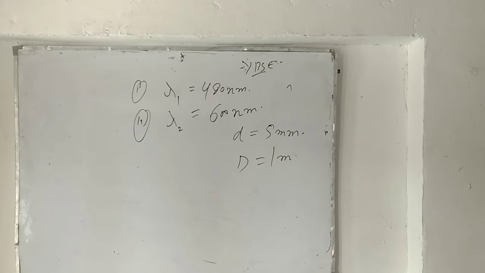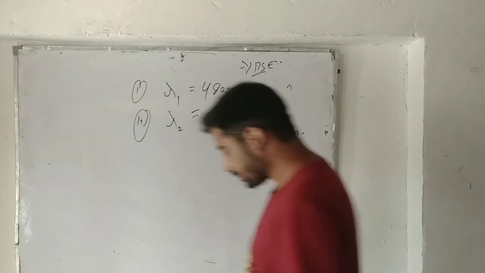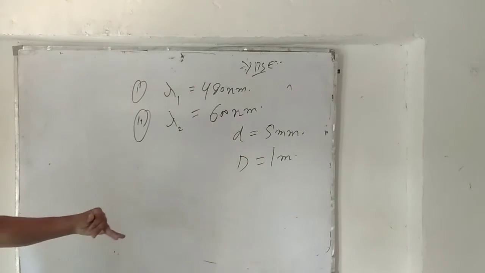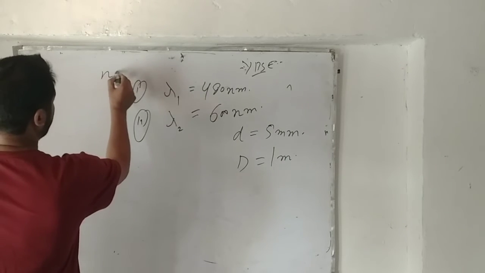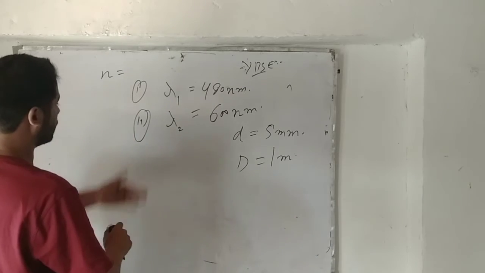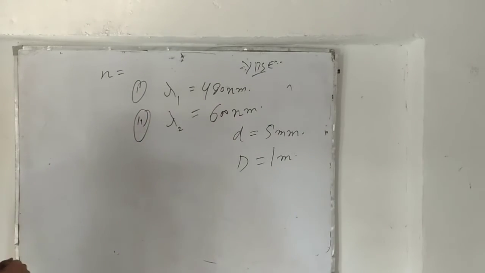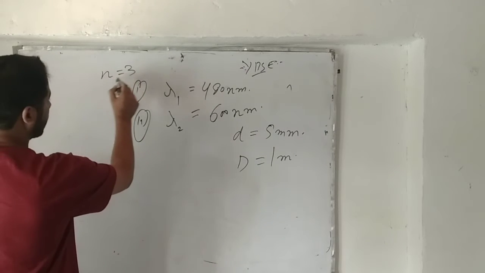So I need to look for the separation on the screen of the third order bright fringes due to the interference pattern of the two light sources.